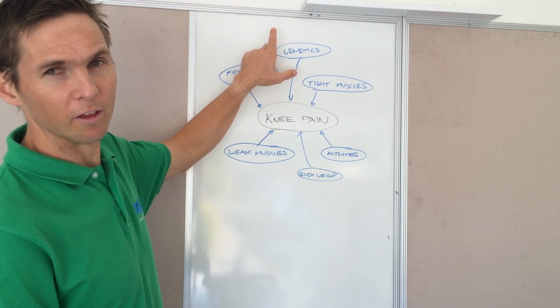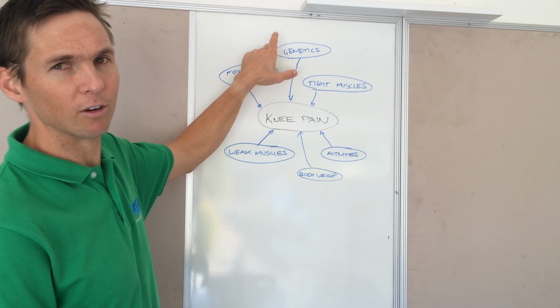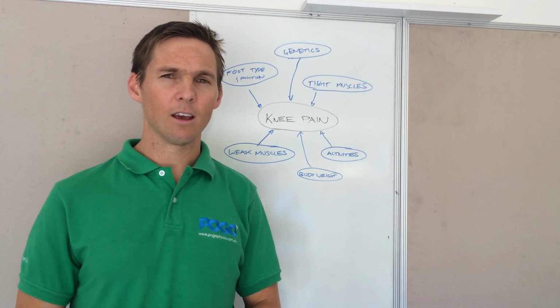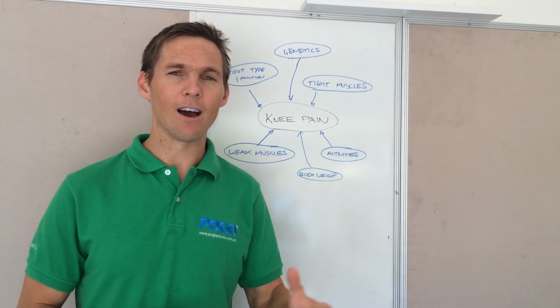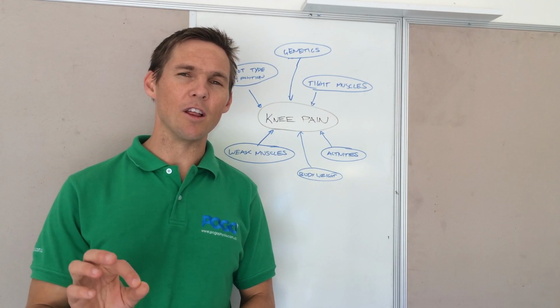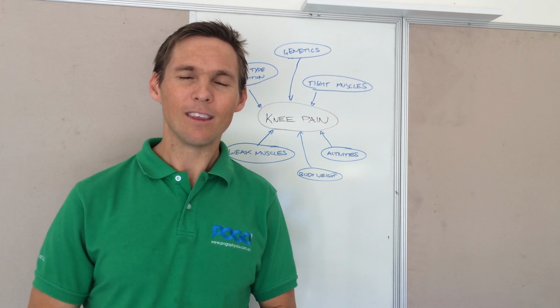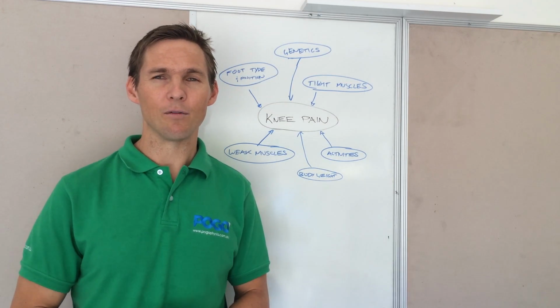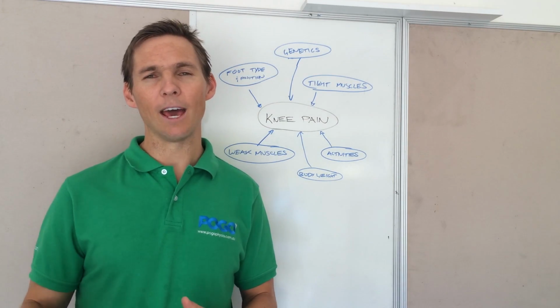Genetics. I'll start with this because it's a big misconception amongst a lot of people. Many people will say, I've got bad knees. My father had them, my mother had them. That is a misnomer. Typically, you don't inherit knee injuries or knee pain from your mum or dad.